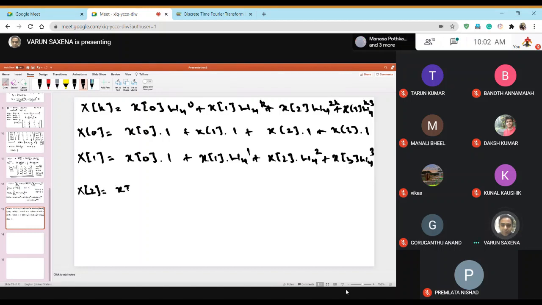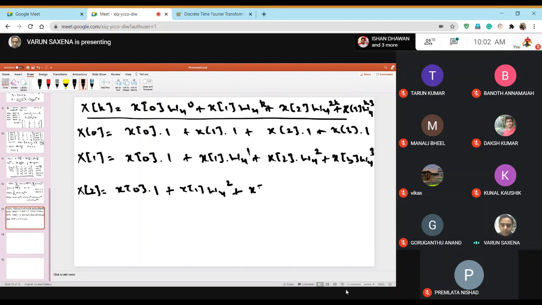So that becomes x0 into 1, I'm just putting the values in this formula for k, then x1 W4^2, plus x2 W4^4, plus x3 W4^6.